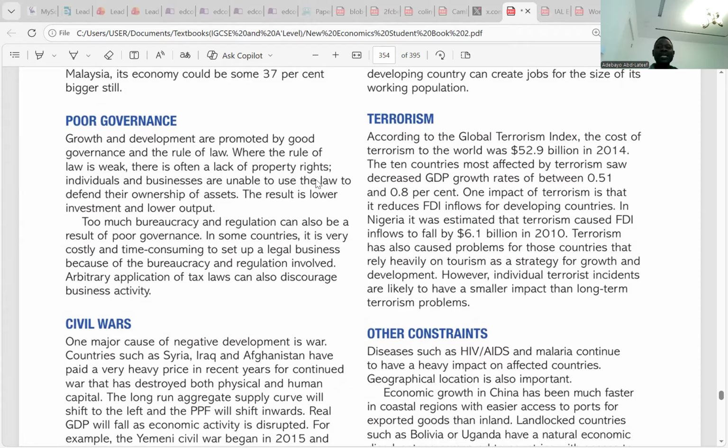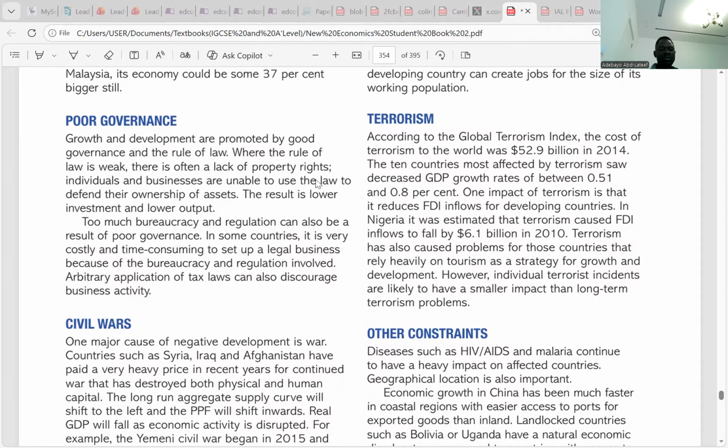One impact of terrorism is that it reduced foreign direct investment inflows for developing countries. In Nigeria, it was estimated that terrorism caused FDI inflows to fall by 6.1 billion in 2010. Terrorism has also caused problems for those countries that rely heavily on tourism as a strategy for growth and development. However, individual terrorist incidents are likely to have a similar impact to long-term terrorism problems.